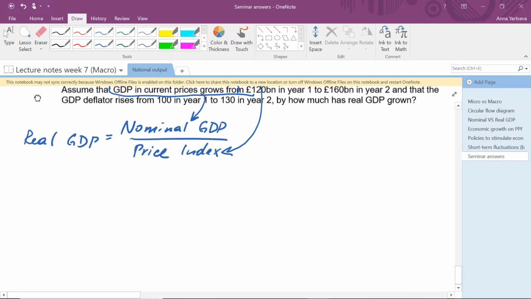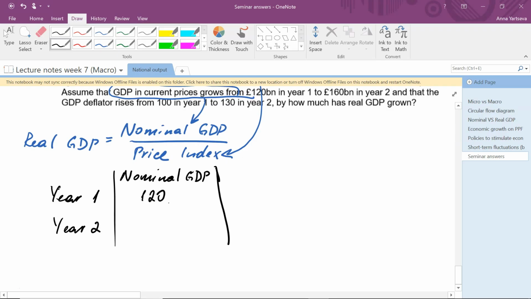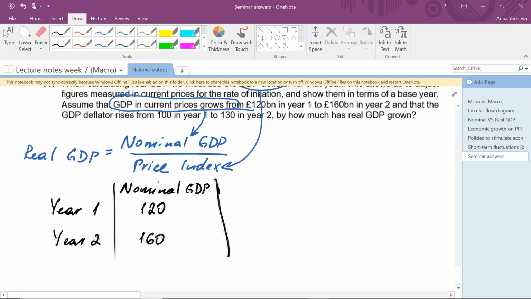Let me just rewrite it in a slightly more convenient format. Year 1 and year 2, our nominal GDP looks like this. It was 120 billion and it has increased to 160 billion. GDP deflator, on the other hand, the price index, increases from 100 to 130, right?